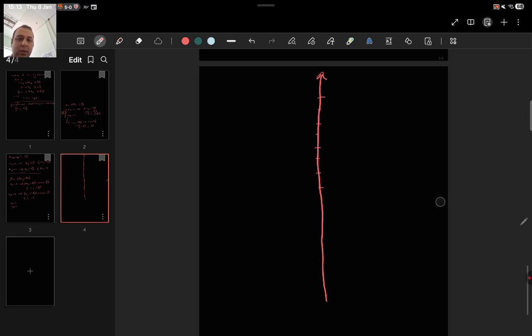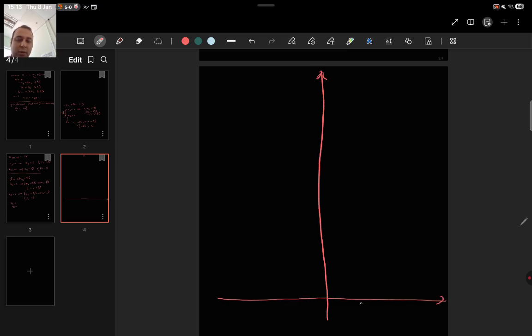Okay. It should be vertically easier. Somewhere here, 12, 13, 14. Okay, minus 15, this is minus 15 and 0, this is 7.5 and 0.